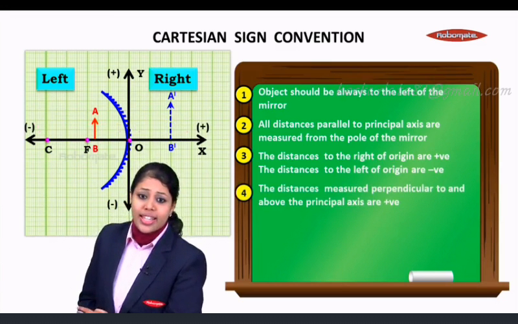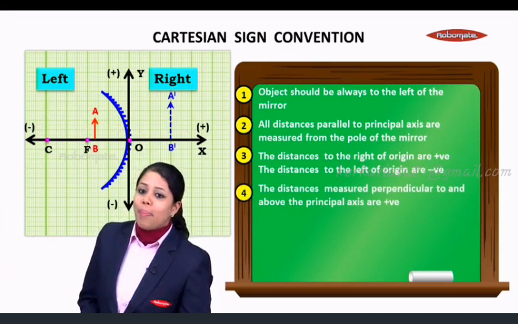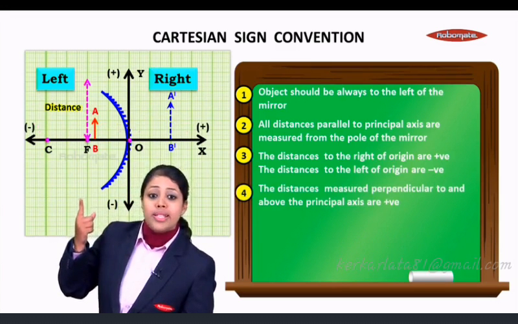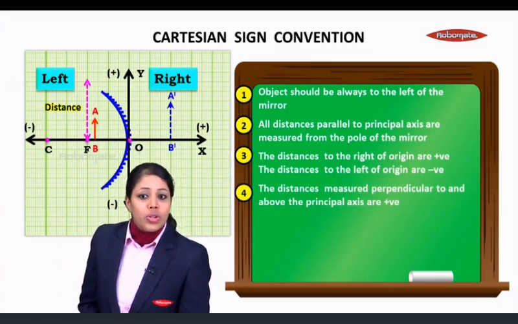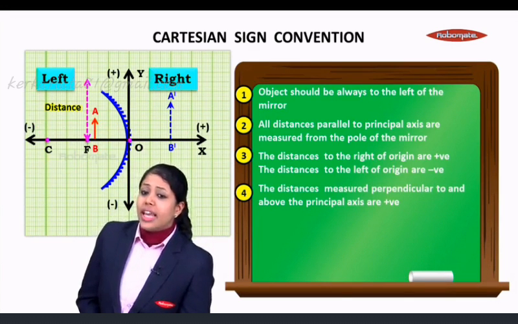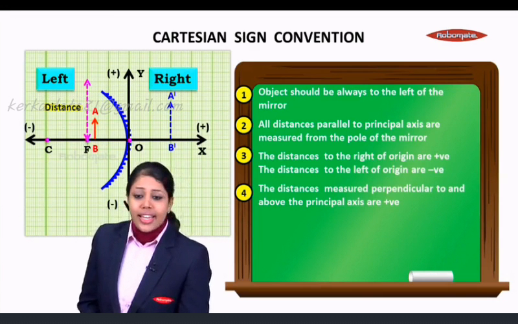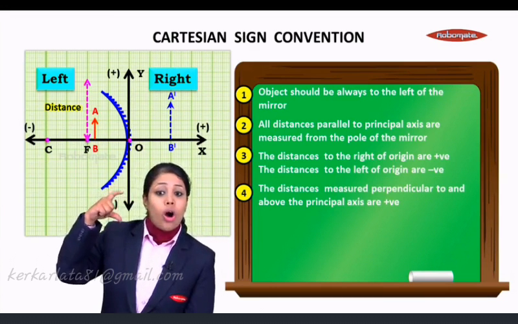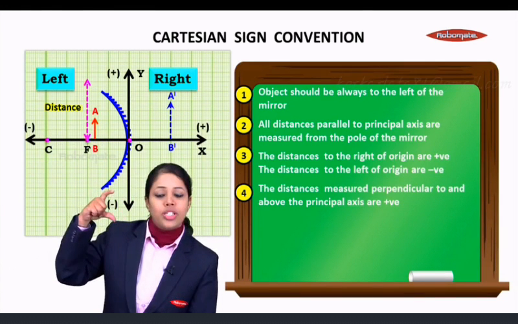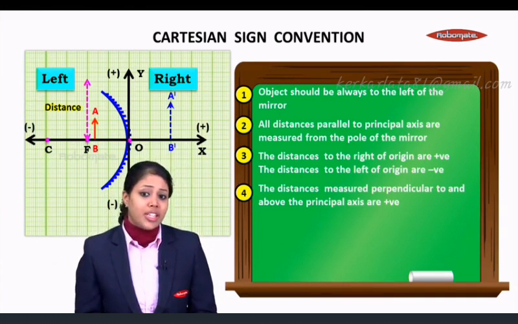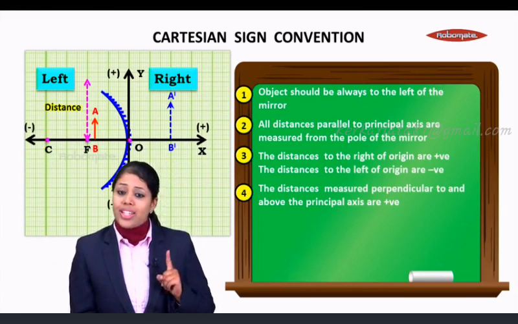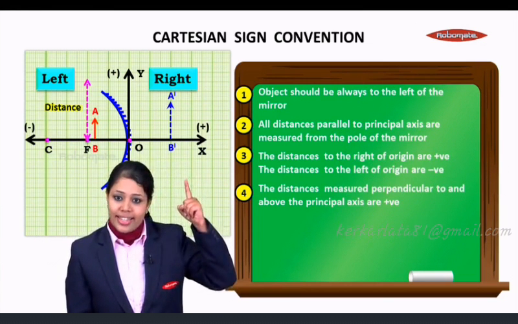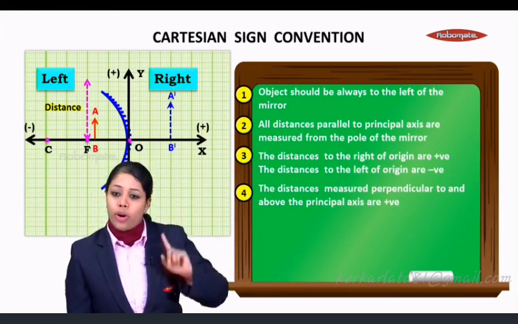Next point, students, says the distance measured perpendicular to and above the principal axis is positive. So if you see here, the image height and the object height. Here the object is straight, erect, above the principal axis. So the object height will be positive. And the image height, students, it depends. If the image is virtual and erect like this, then the image height is positive.